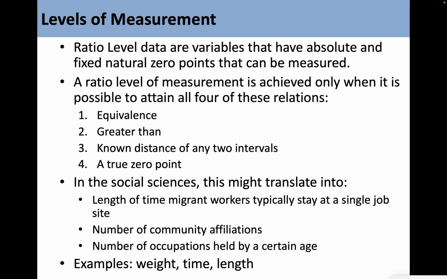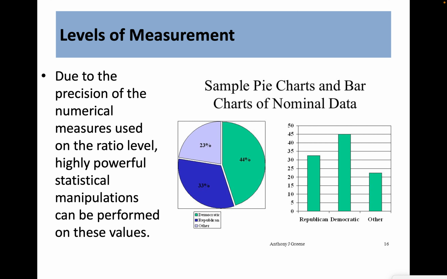In the social sciences, this might translate into length of time migrant workers typically stay at a single job site, number of community affiliations, number of occupations held by a certain age, your weight, the time, the length of something.